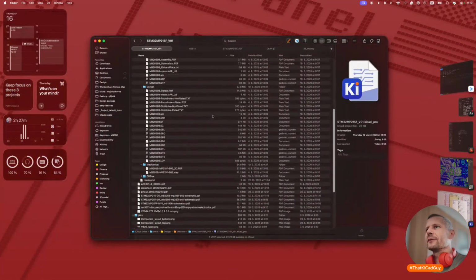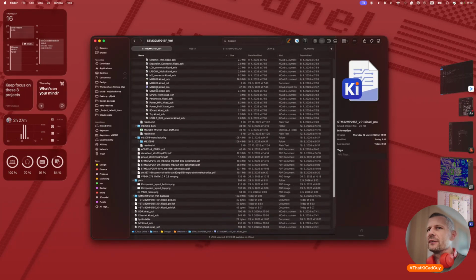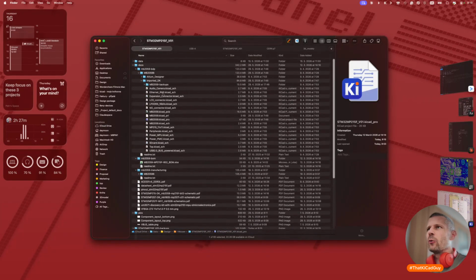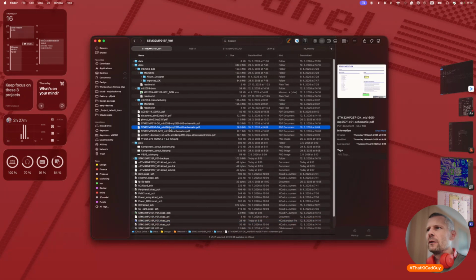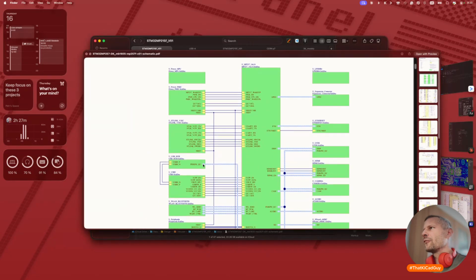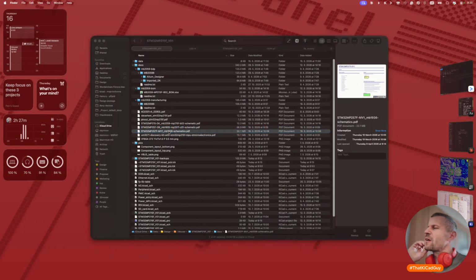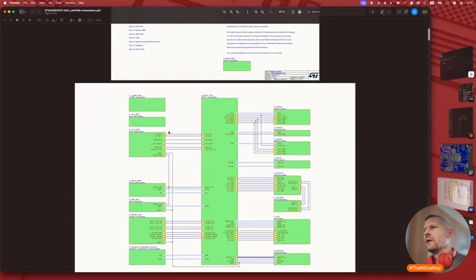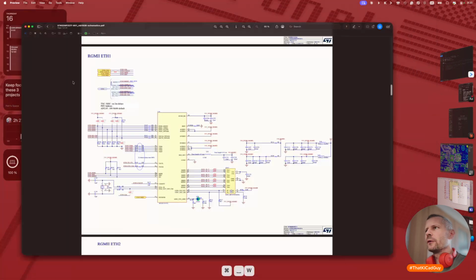Okay, not interesting, because it uses DDR4. I want to check the design with the DDR3, DDR4, not this one, maybe this one. DDR4, no. So which one?